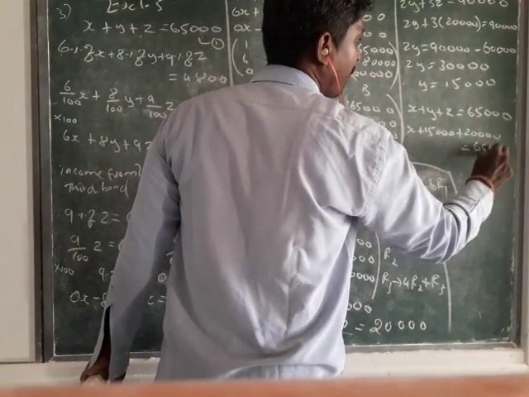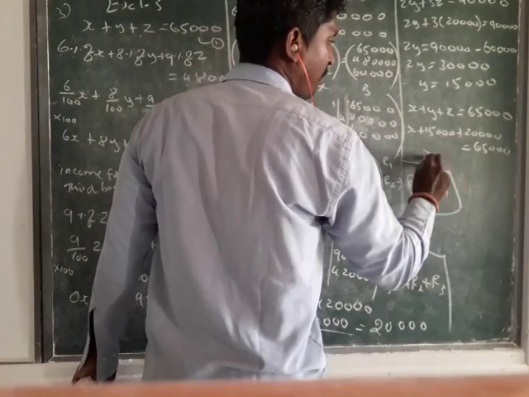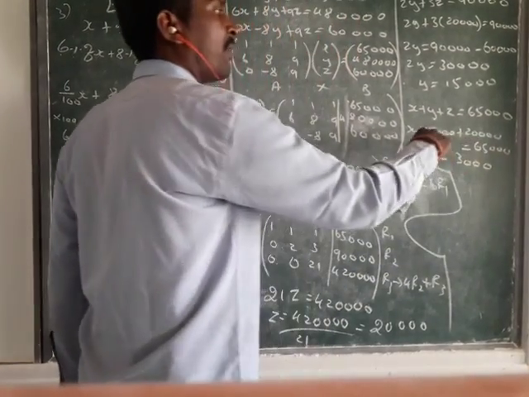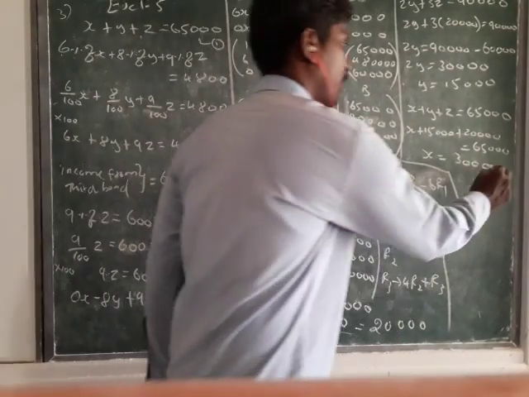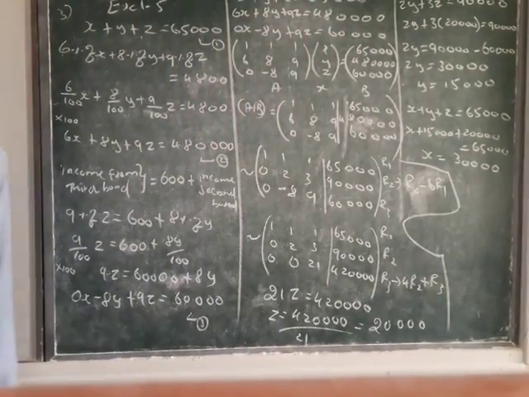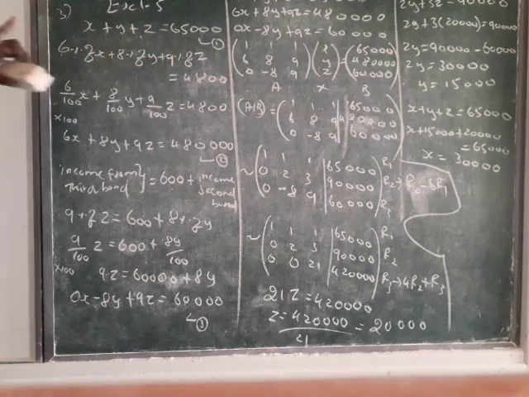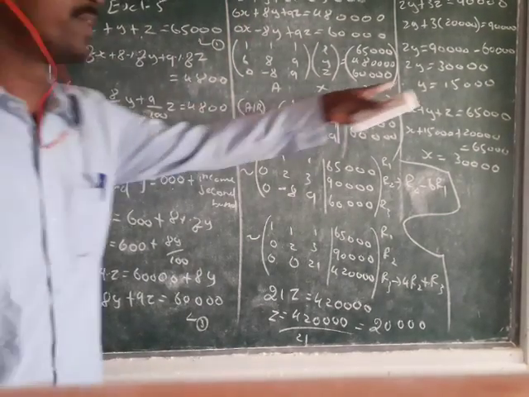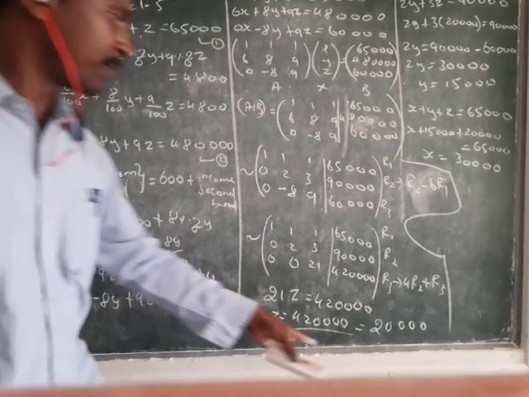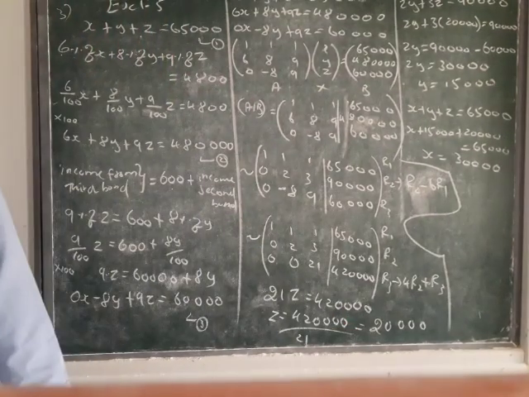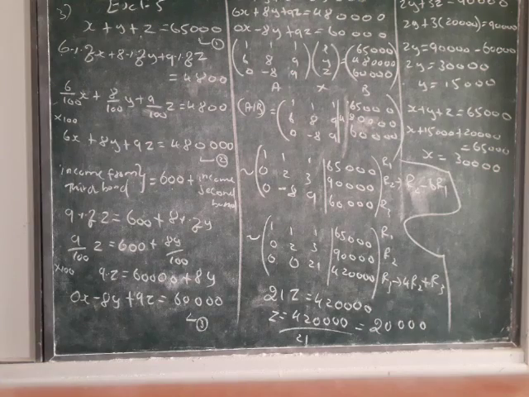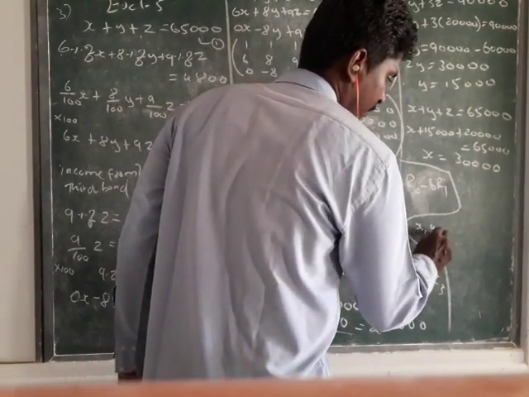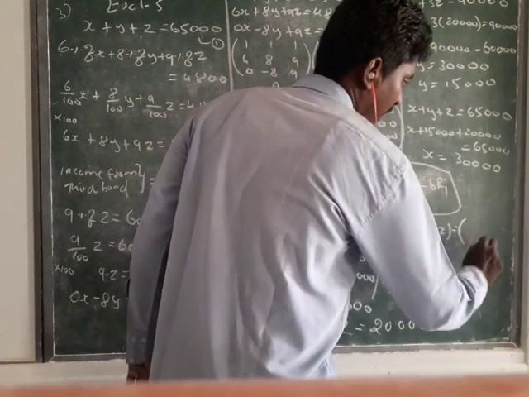Substituting, x plus y plus z equals 65,000, and solving, x becomes 30,000. So how much is the investment out of 65,000? In bond 1 the investment is 30,000, in bond 2 the investment is 50,000, in bond 3 the investment is 20,000. So overall I used about 65,000. Okay, you can write it like that also, no problem.